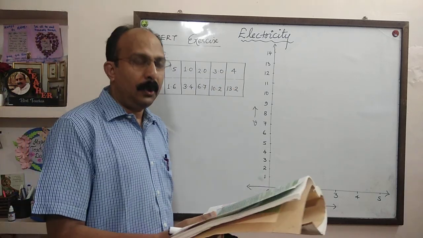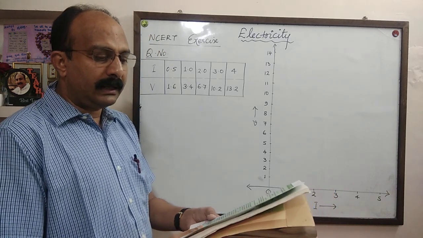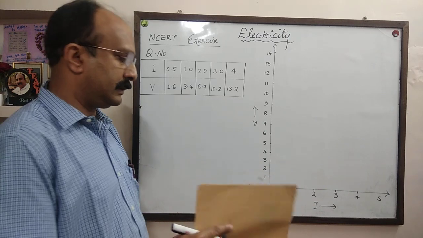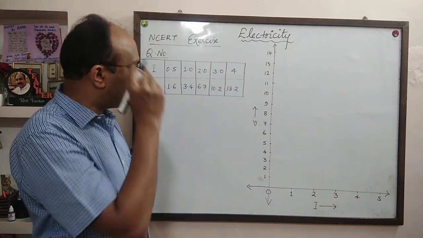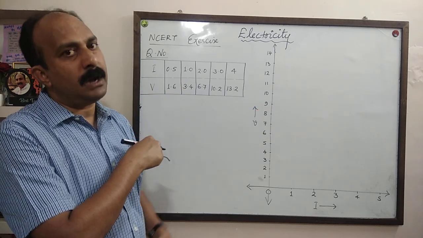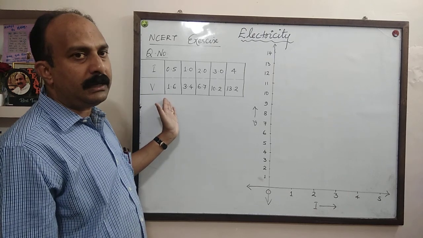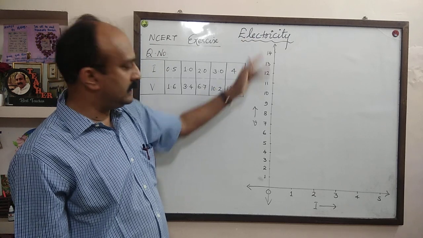Question: plot a graph between V and I and calculate the resistance of that resistor. So again there are two parts of this question. First one, plot VI graph. Second, calculate R.